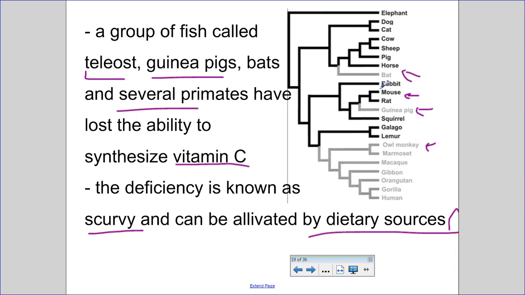And this is because even though you may deprive a mouse or a rat of vitamin C in its diet, it's still able to produce vitamin C, or ascorbic acid, and will actually not develop scurvy. So to study scurvy, people will use guinea pigs as they present a good model for studying this disease. Absence of vitamin C in their diet will lead to a similar condition seen in humans. So it makes it a useful model for studying scurvy.